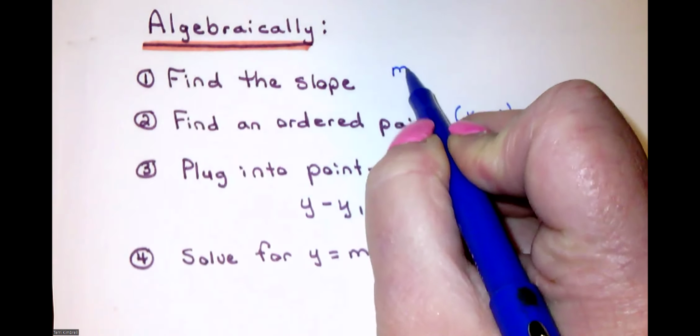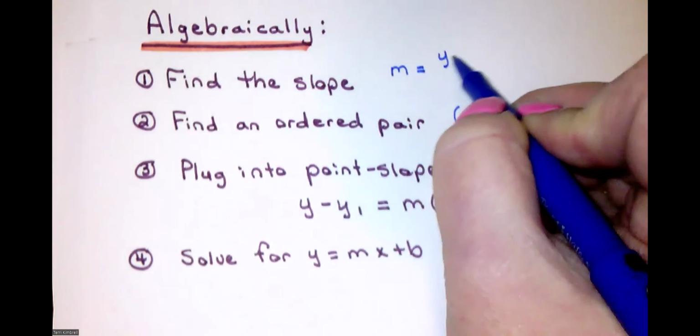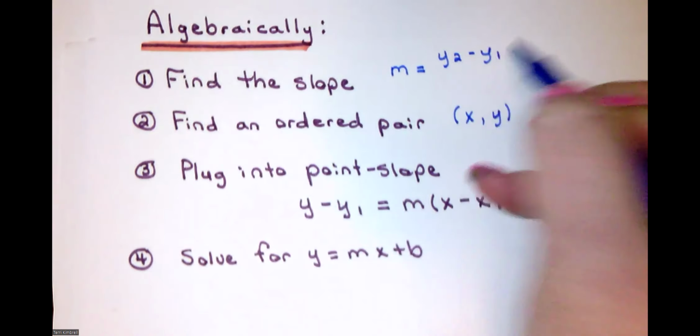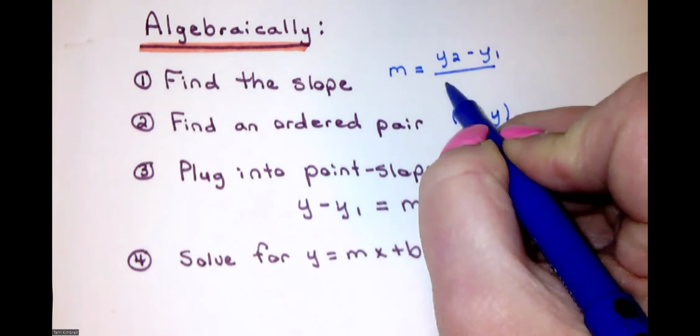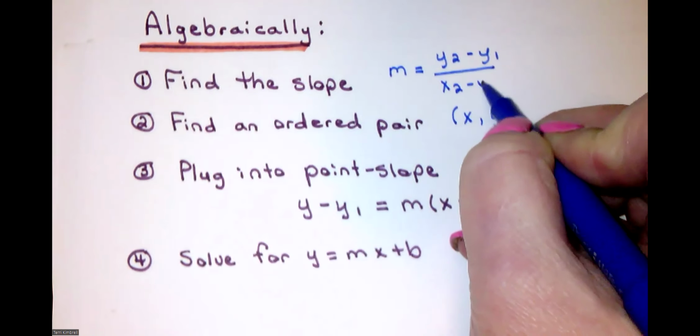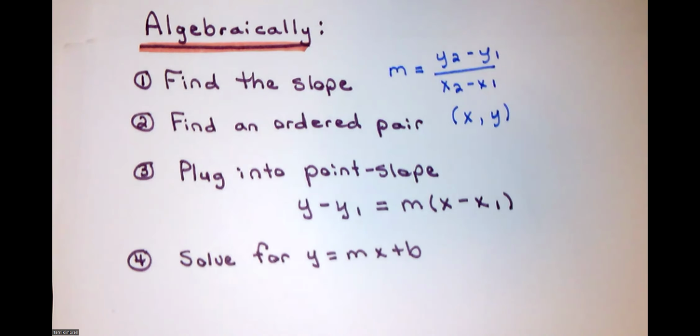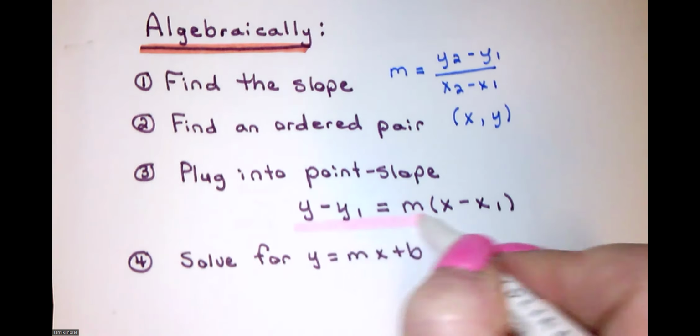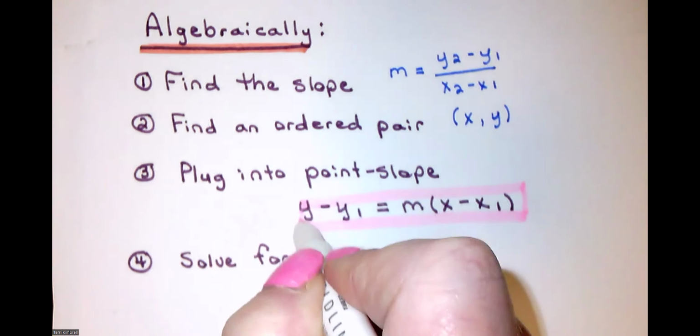Your slope formula, I'll rewrite that again. These are things you need to start getting in your memory as you're getting ready for your test. The new formula for today that you have not seen is what is called point slope.